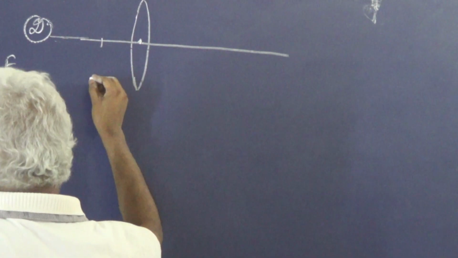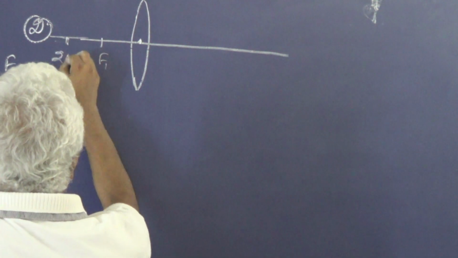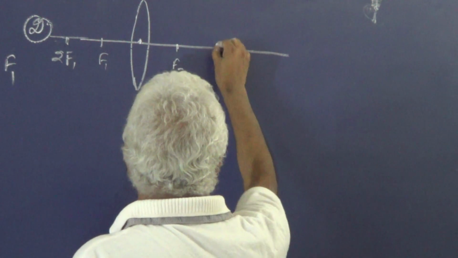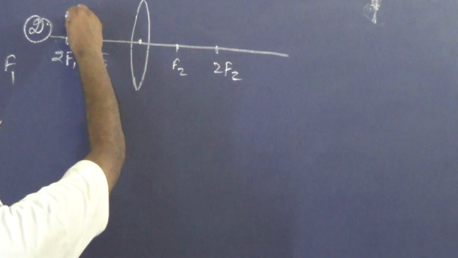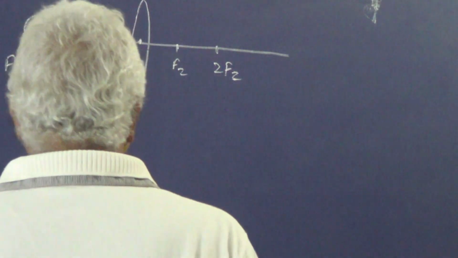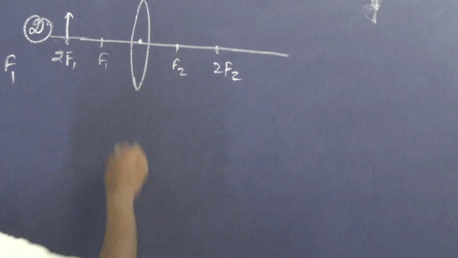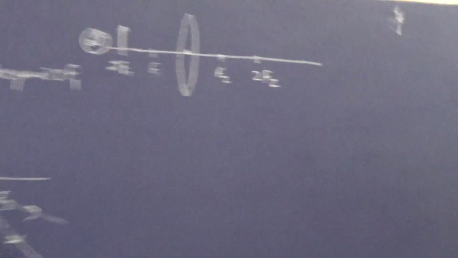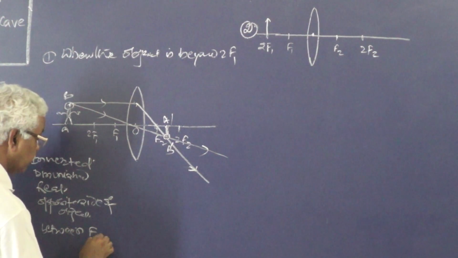It is your F1 and it becomes your 2F1, and this is your F2 and it is your 2F2. Now your object is at 2F1. So how will the image be formed? यहाँ पर इमेज कहाँ बना था, पोजीशन क्या था इमेज का, बिटवीन F2 and 2F2.